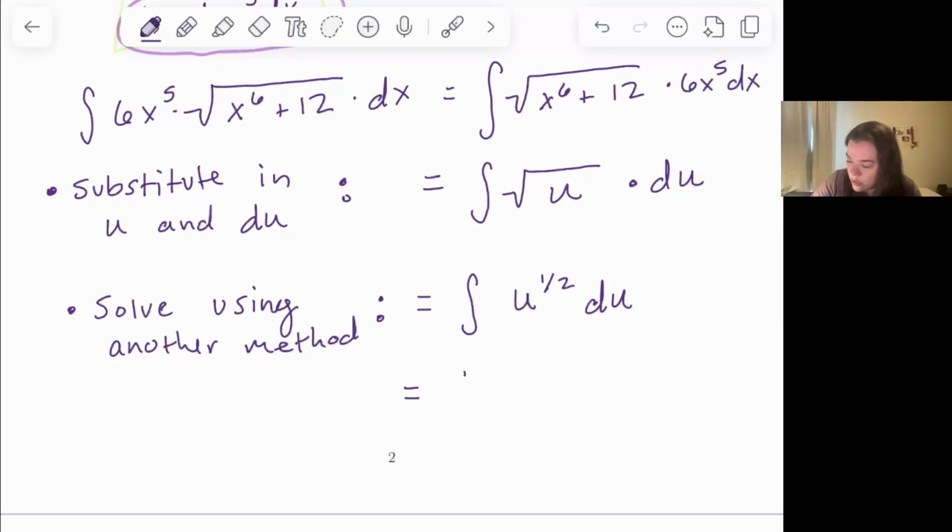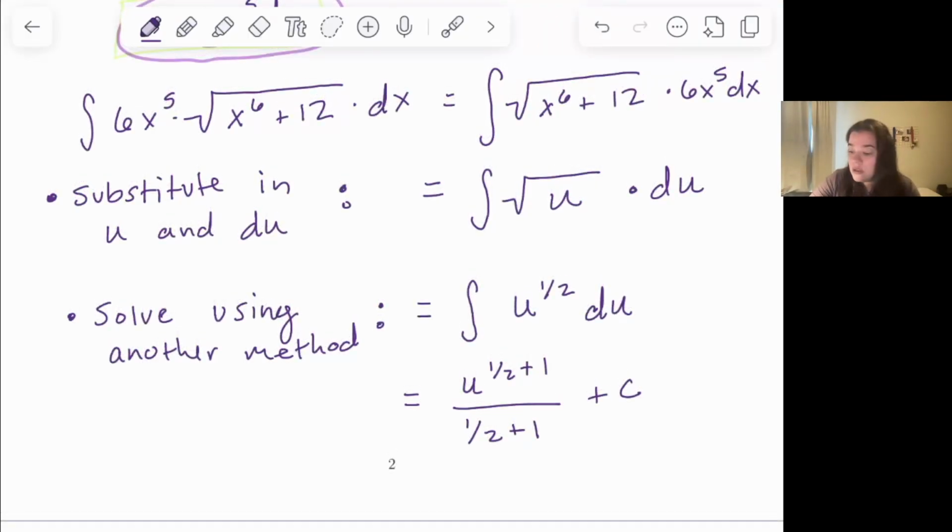This becomes u to the 1/2 plus 1 over 1/2 plus 1 plus c. So if you notice here, I took a complicated integration problem. I did a substitution of variables to get to an easier problem. I did some rewriting to make my life easier, and then I integrated using the power rule.